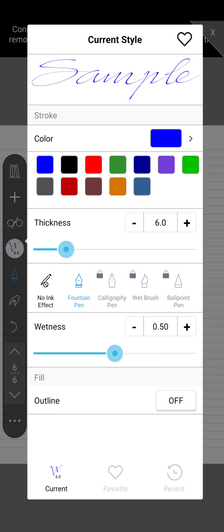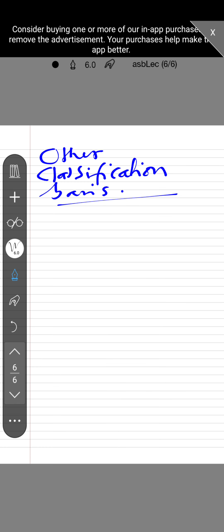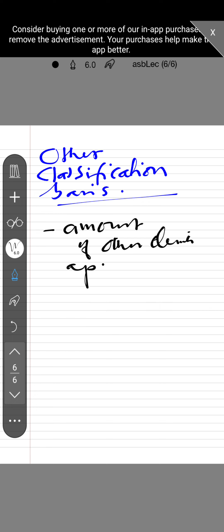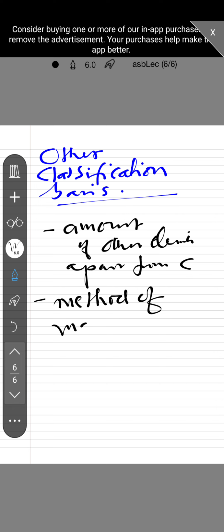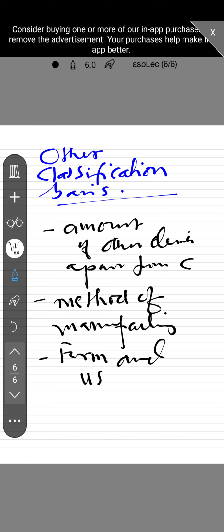These classifications are made based upon, firstly, the amount of other elements apart from carbon, the method of manufacturing, and the form of use. We will take up these in the subsequent lectures.